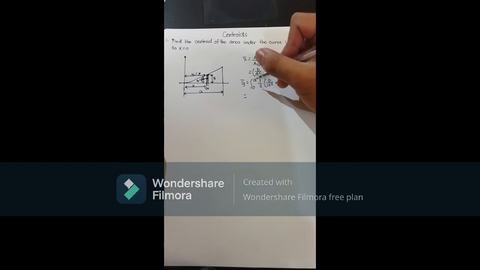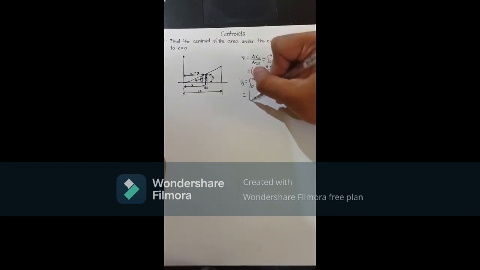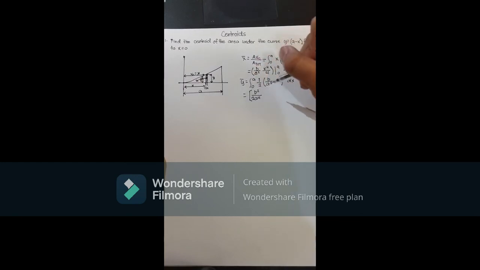Then substitute and solve. So b squared over 2a raised to 4 times x raised to 5 over 5 with the limits of 0 to a. And the answer is equal to ab squared over 10.